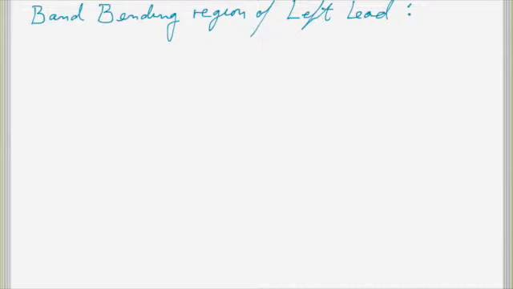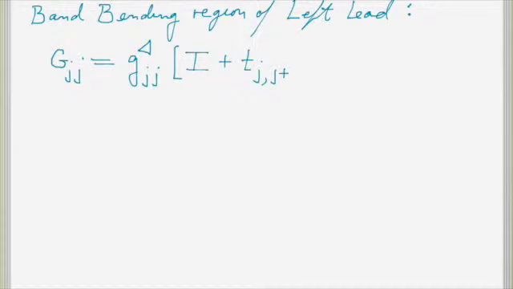So I have G_JJ equals left connected G_JJ times the identity plus T_J,J+1, the exact Green function at J+1, times left connected G_JJ.